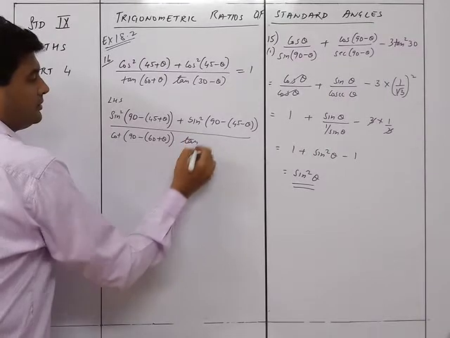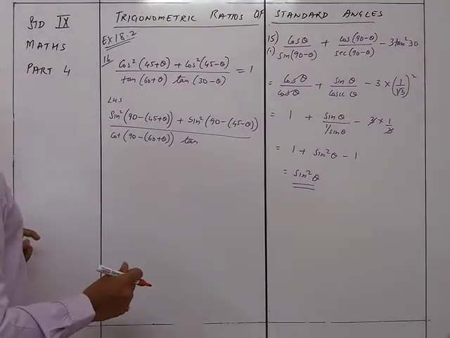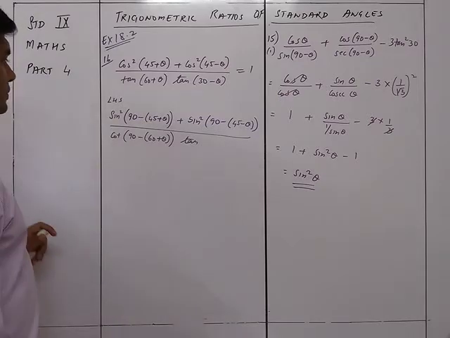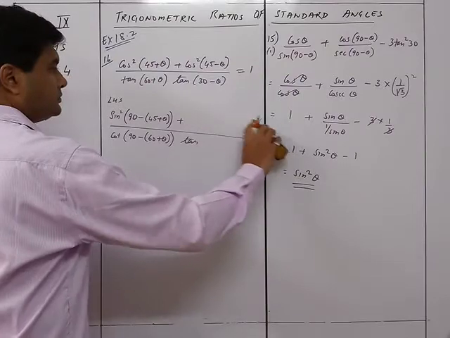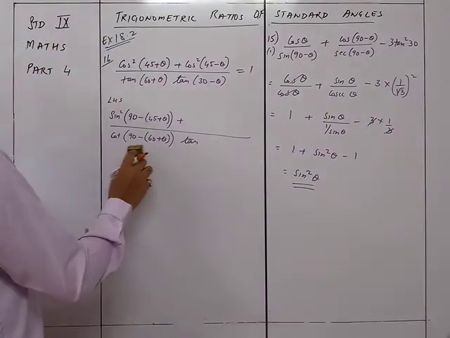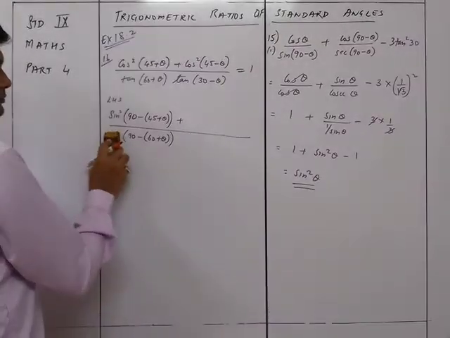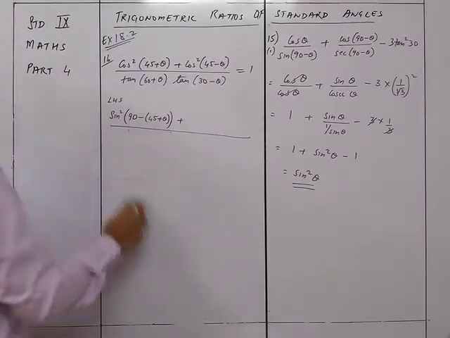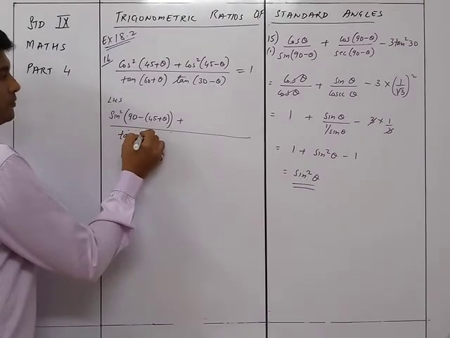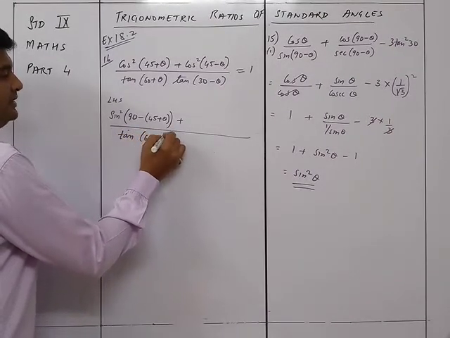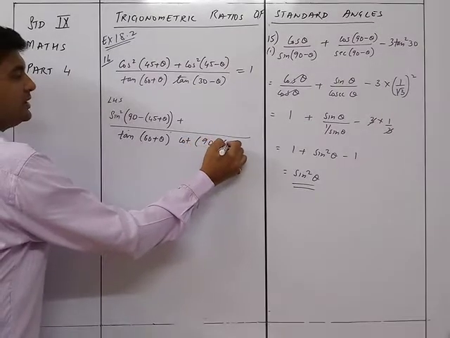Okay, one sec. I think I'm making a mistake. I need not do this, otherwise everything will change. Yeah, so it will be tan 60 plus theta cot 90 minus 30 minus theta.